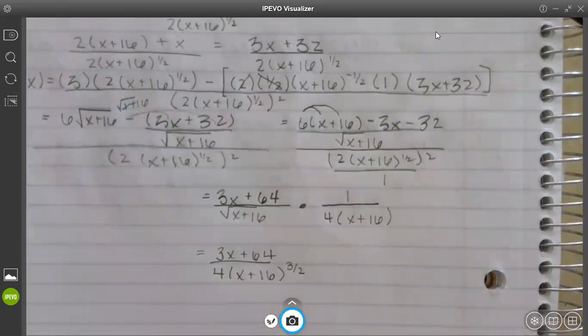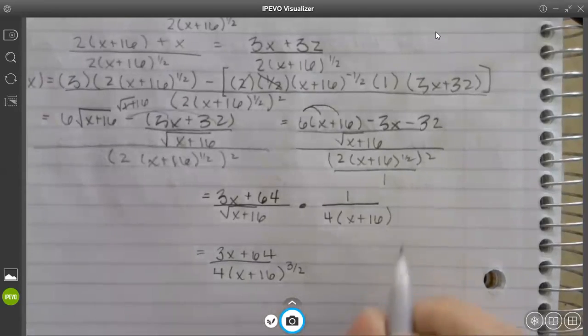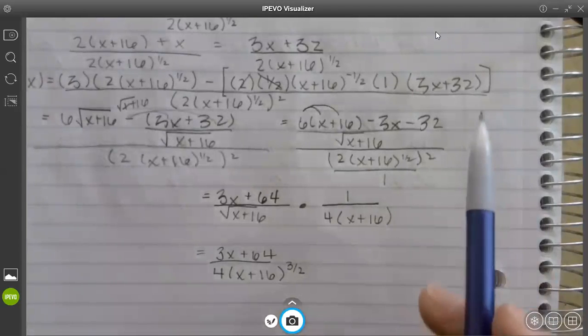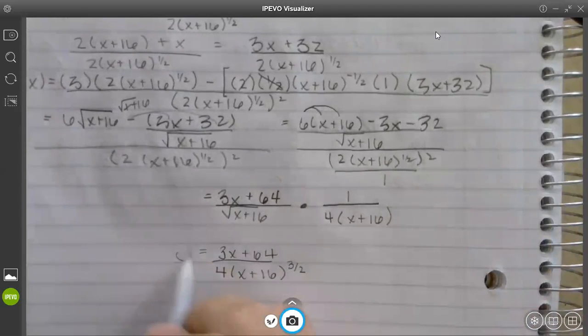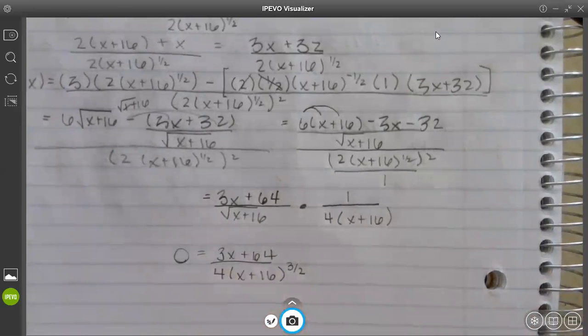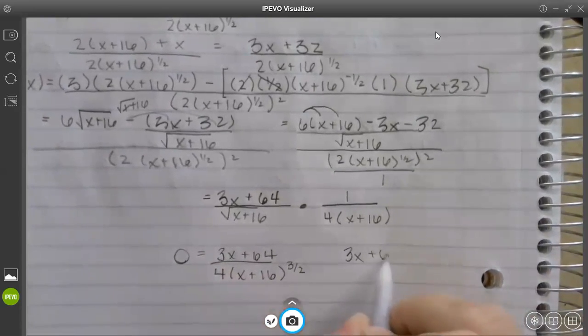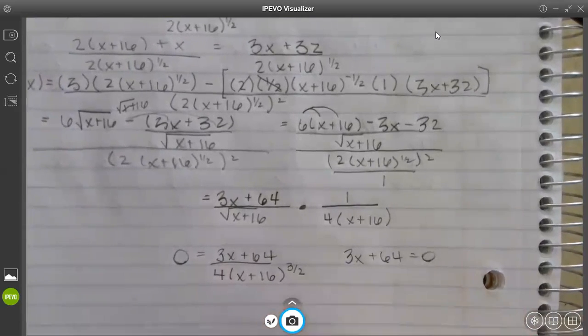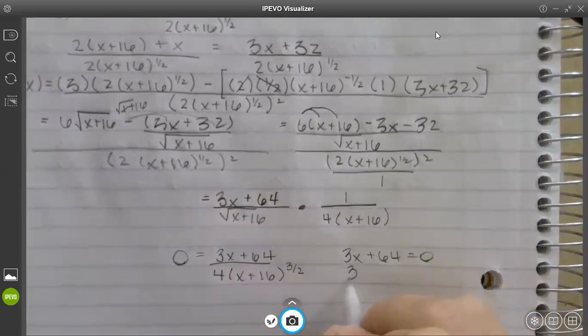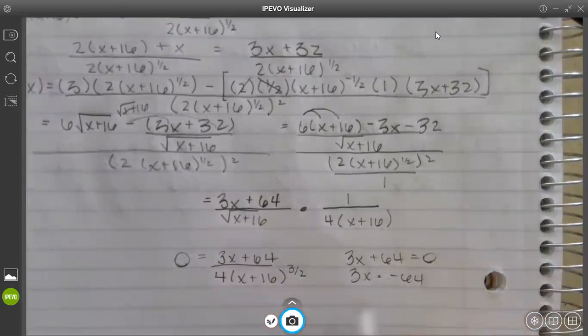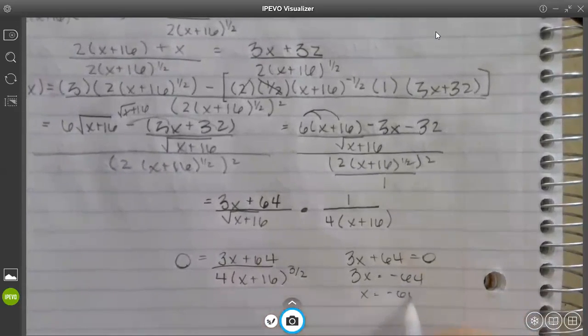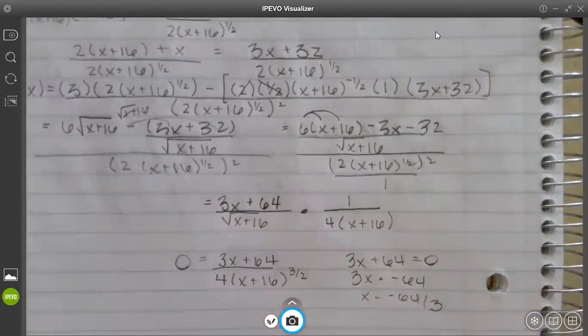Very good. All right. So what do I do now? I set it equal to 0. What happens? I just get 3x plus 64 equals 0, right? If I solve that, you guys see that on your paper anywhere?